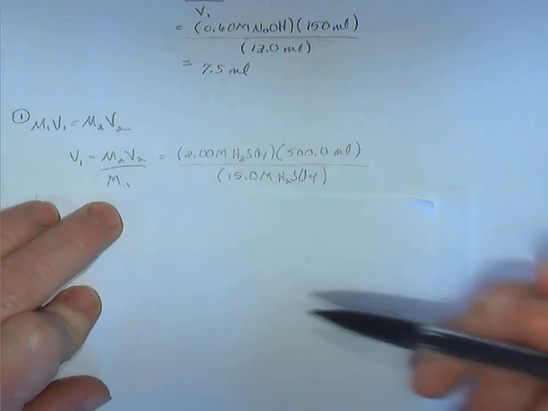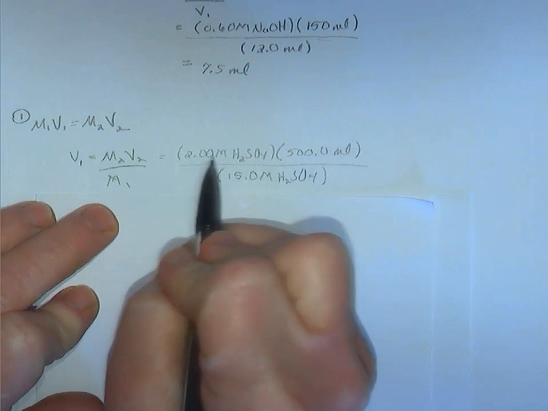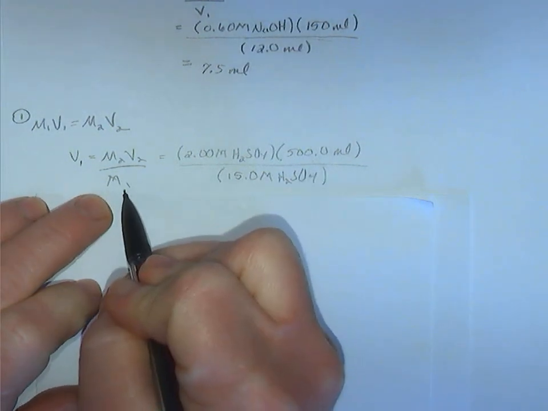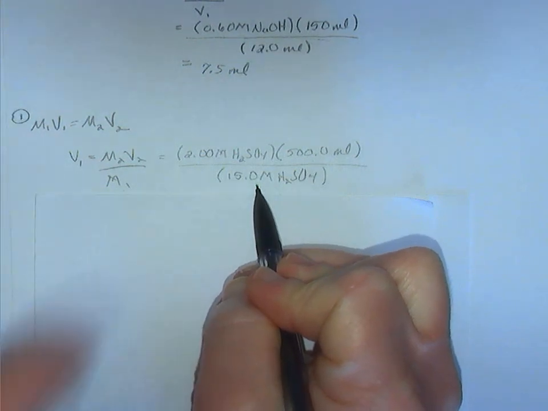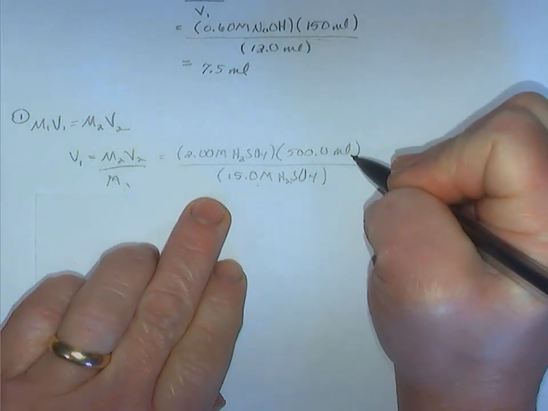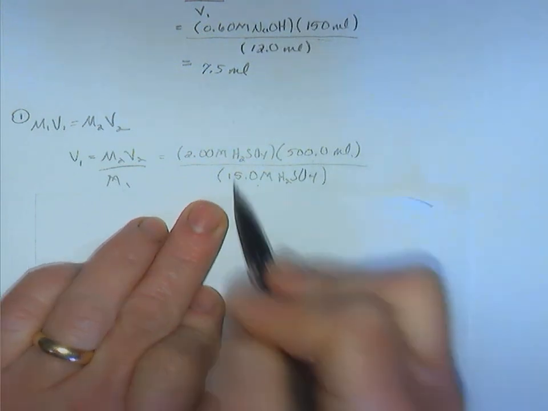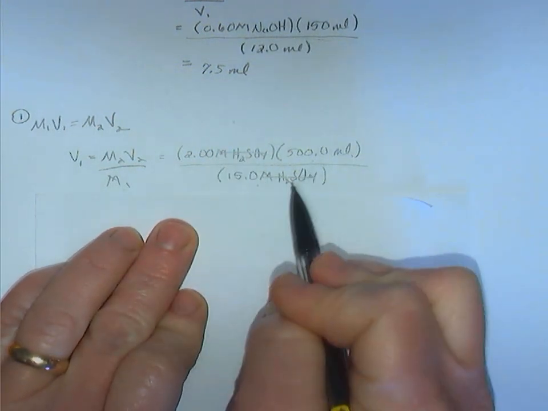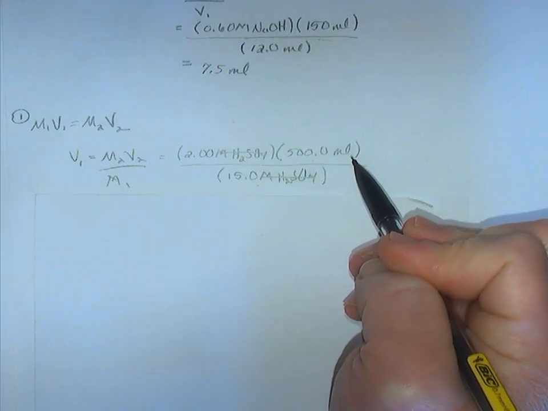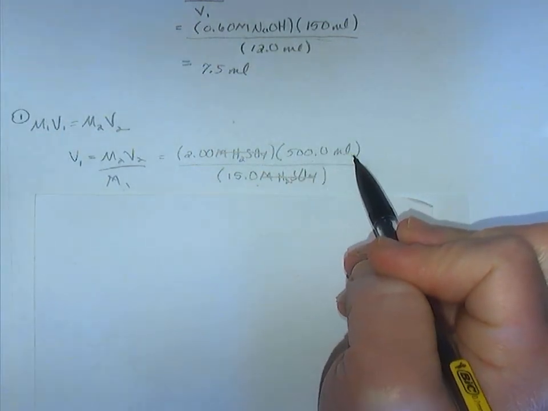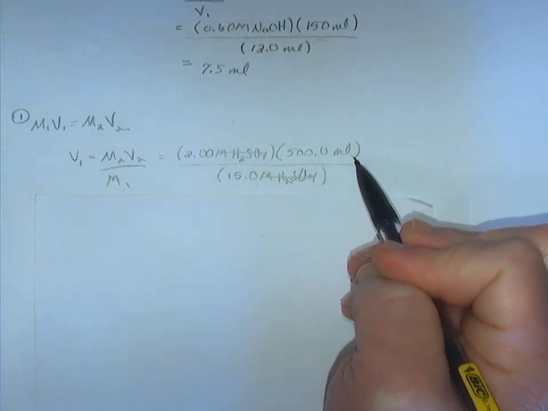Okay, so we're trying to make a 2 molar and 500 milliliters of it, and our stock solution is 15 molar. Is it all right if our volume is in milliliters? Absolutely. These units cancel, and so as long as you don't need volumes to cancel, they can be in any unit, milliliter or liter practically.